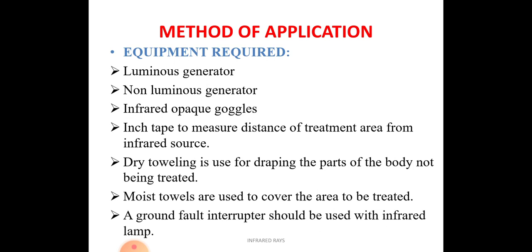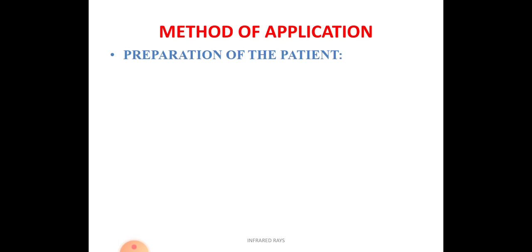And you need a ground fault interrupter, that is nothing but an earthing type of mechanism. If you have any problem or excessive current comes, instead of damaging the bulb, the current enters into the earth.